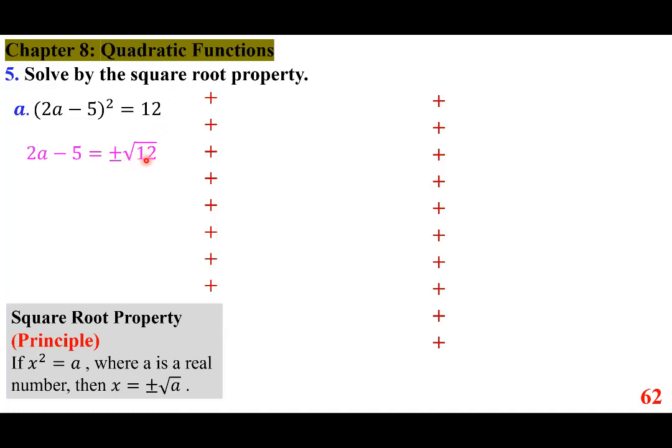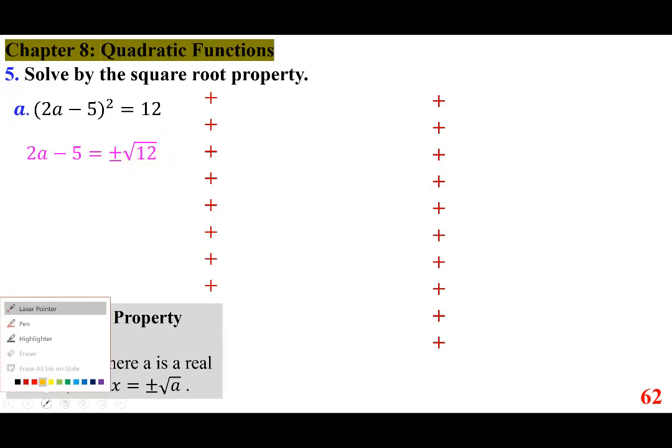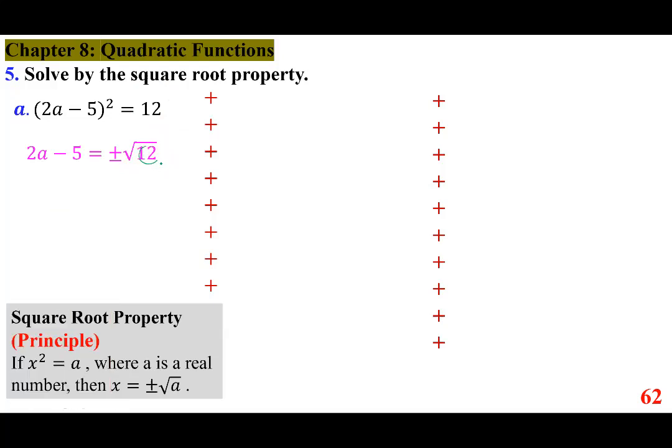Now, plus minus square root of 12 is 4 times 3. I hope everybody remembers that. This is 4 times 3. So 2 square root of, let me just write that for you. The 4 comes out as 2. We move the negative 5. So we get 5 plus minus 2 square root of 3.